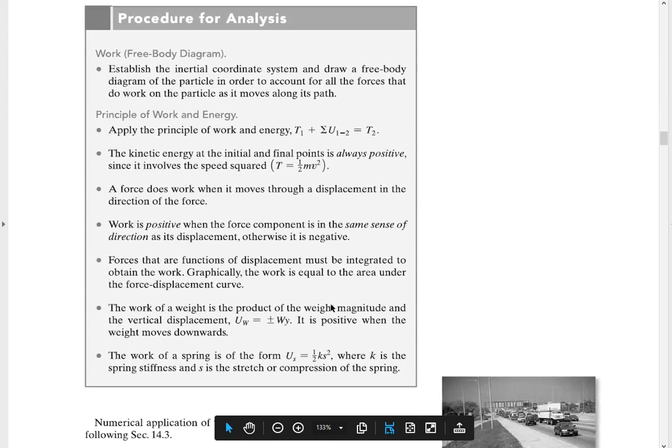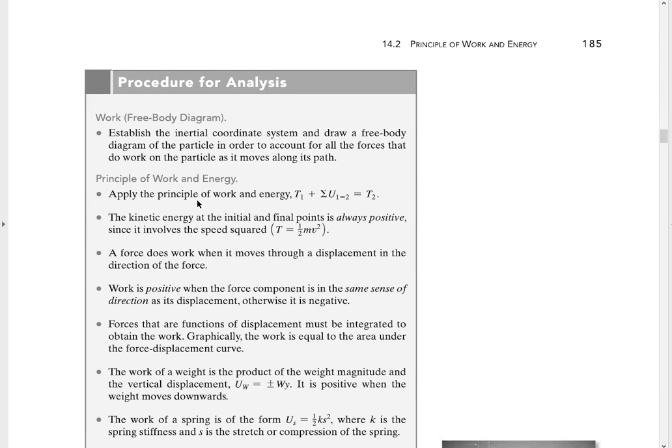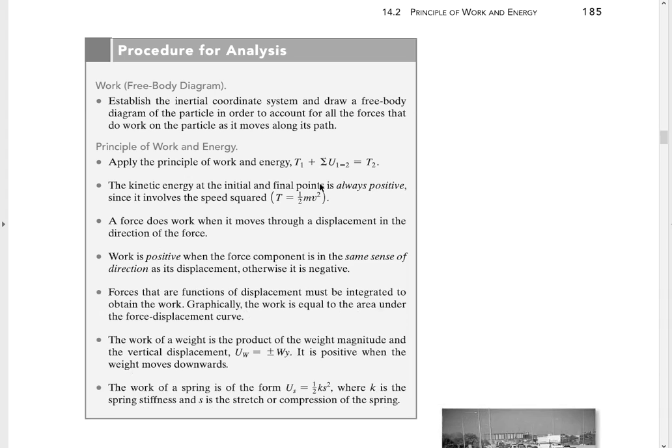Okay, and a summary of the pages discussed so far. How do you do the procedure for analysis? It's listed here. You do the free body diagram. You account for all the forces acting upon the body. You define the reference from where we measure displacement.